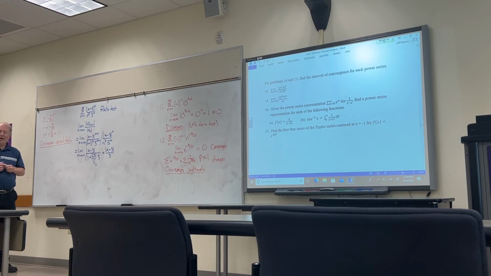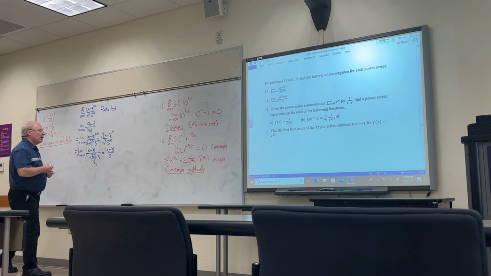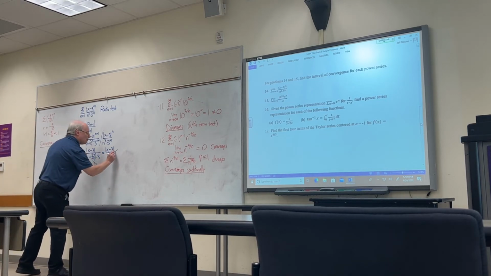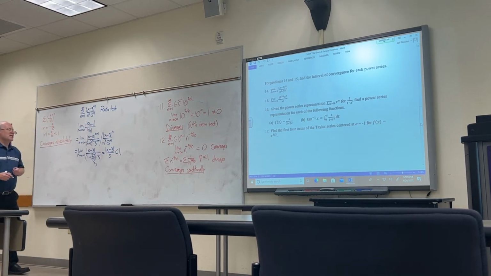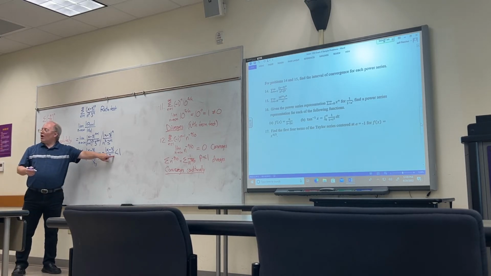If the limit is less than one. Yeah, so this will converge if this is less than one. We're trying to find the values of x for which this converges, not all values. So once we've got this inequality, we'll solve the inequality.